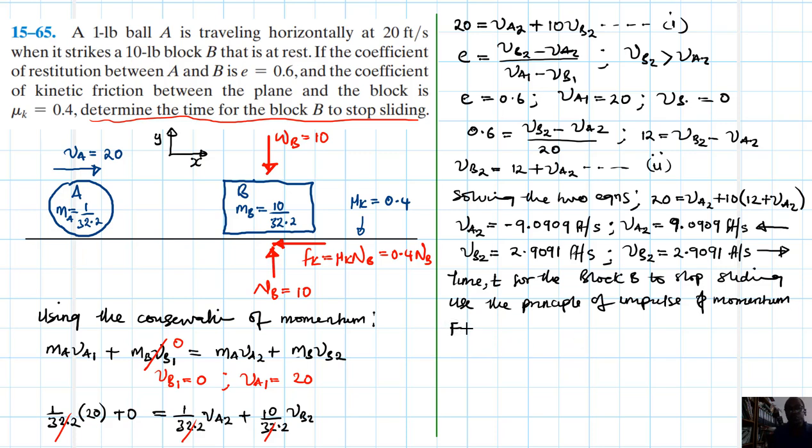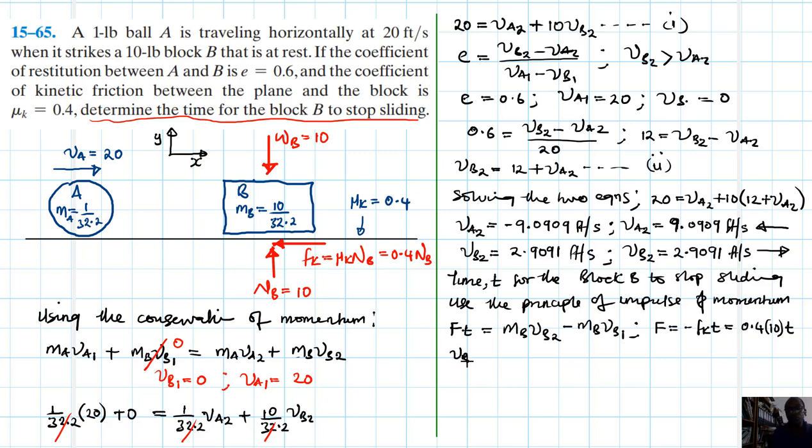We have F times t equal to the final velocity of B, VB2, minus the initial velocity of B. Our F here is just minus Fk, so Fk t is 0.4 times 10 times t.